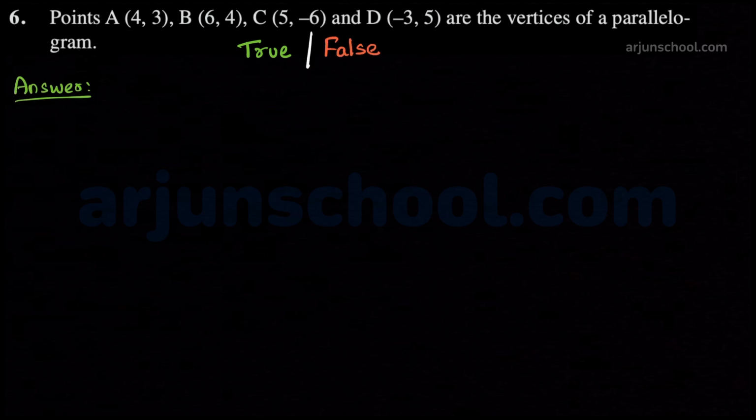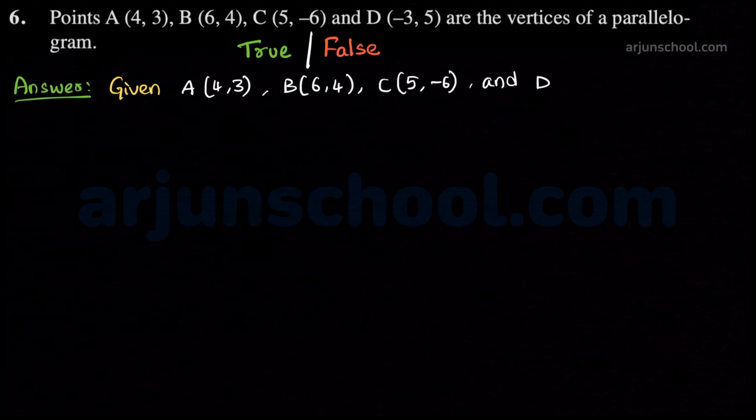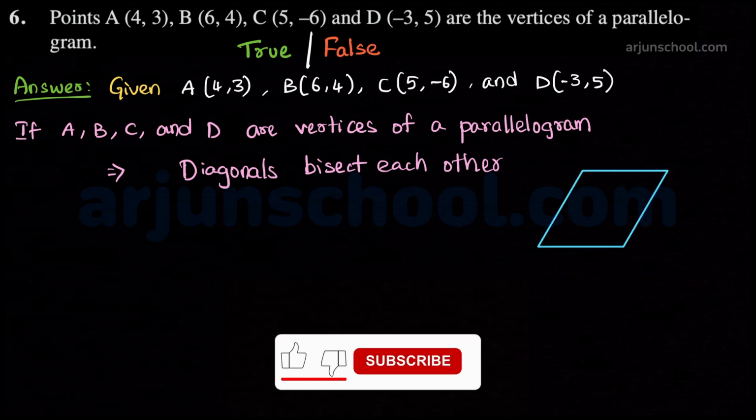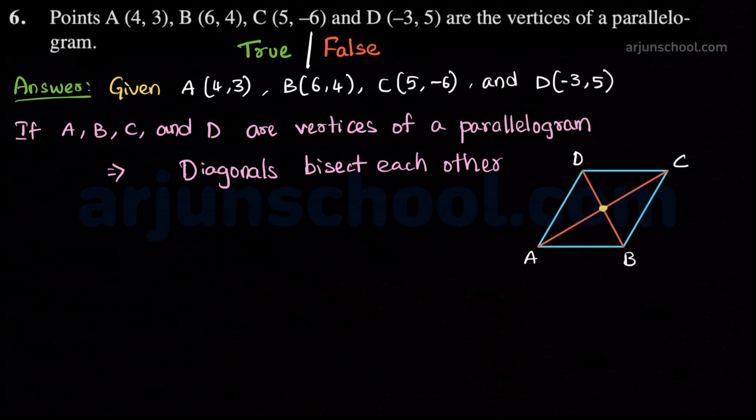We are given the vertices of the parallelogram A (4, 3), B (6, 4), C (5, -6) and D (-3, 5). If the given points A, B, C and D are the vertices of a parallelogram, then we know that in a parallelogram diagonals bisect each other, and in the given parallelogram ABCD, AC is the first diagonal and BD is the second diagonal.